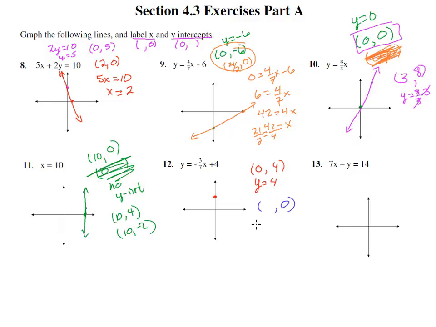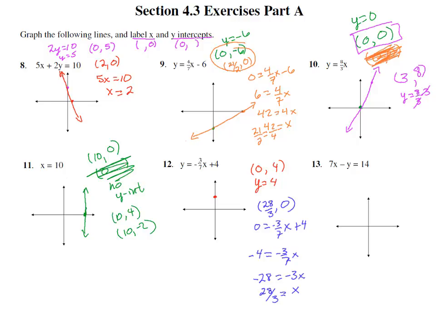We get 0 equals negative 3/7 x plus 4. Get x by itself, subtract 4 from both sides, and we get negative 3/7 x equals negative 4. Now multiply by 7, and we get negative 28 equals negative 3x. Divide by negative 3, and we get x equals positive 28 thirds.